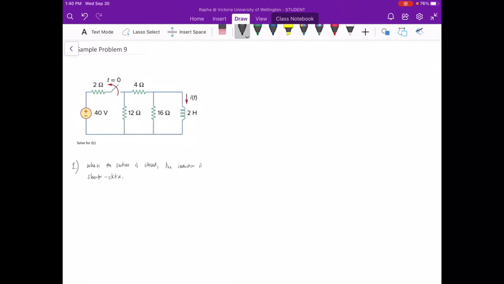So when the inductor is short-circuited, this means that the 16 ohm resistor, which is the resistor adjacent to our inductor, will be discarded.